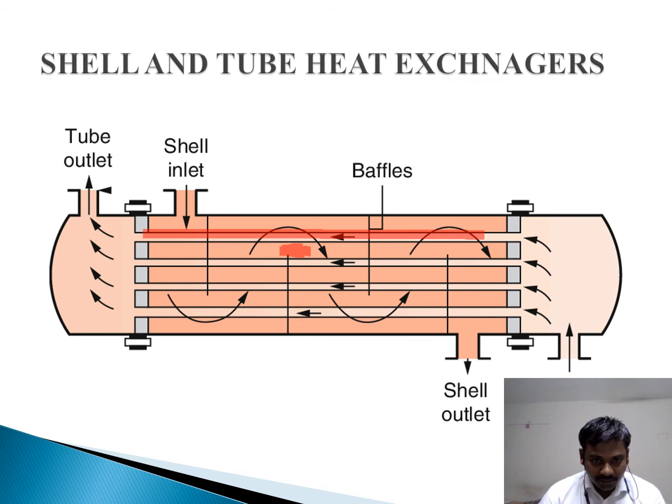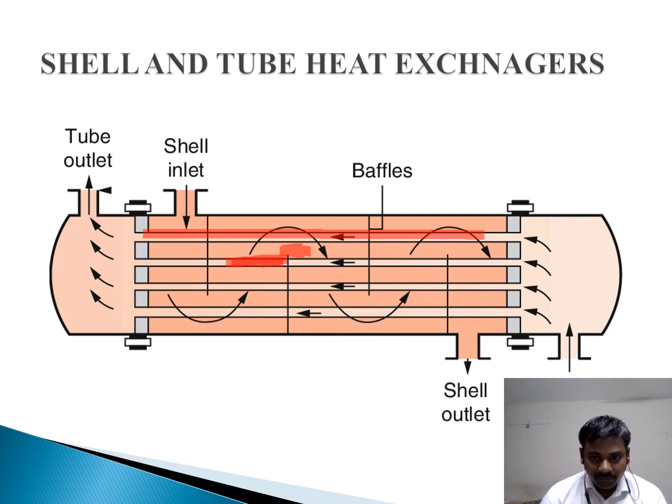The surface of the tube gets heated through conduction. We know what conduction is: based on atoms, heat is transferred from high temperature to low temperature. So first, the surface of this tube gets heated, and after that the fluid inside the tube gets heated through convection.